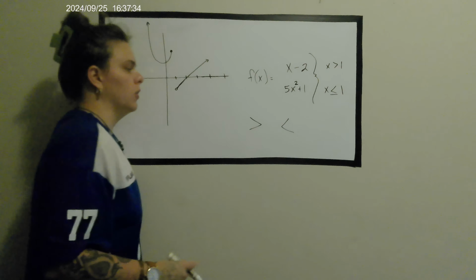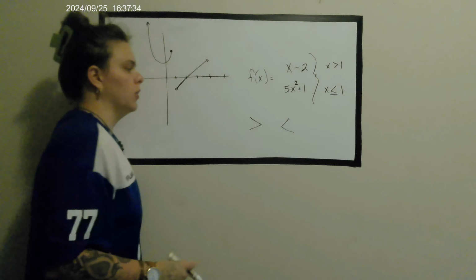here, okay? So, again, circumstance, behavior, outcome. Everything depends. The behavior depends on its relationship to this 1, okay? For all values of x greater than 1, it will be in a linear format, okay?